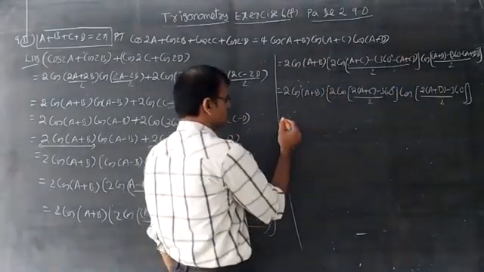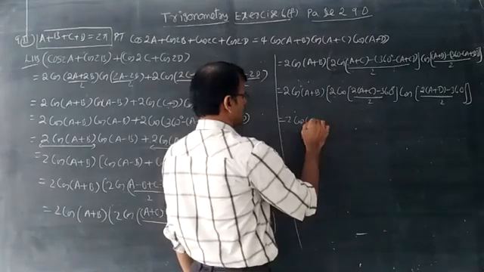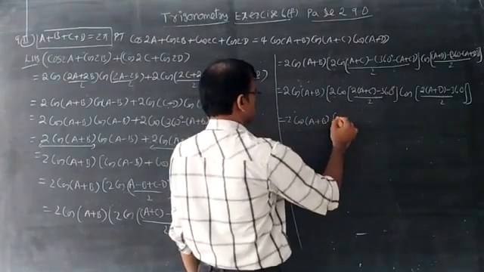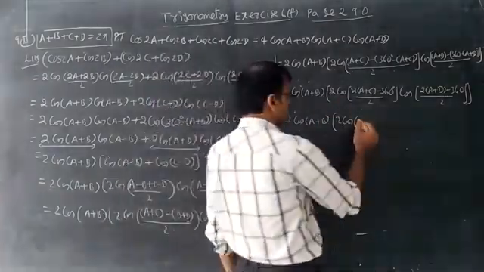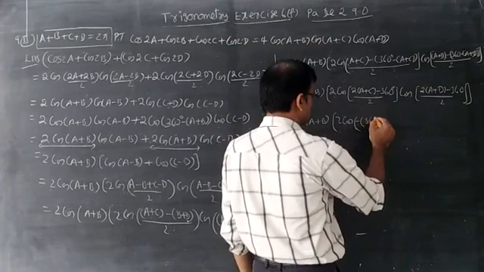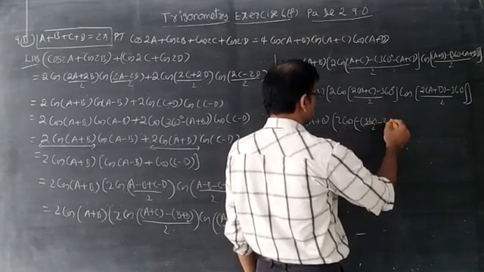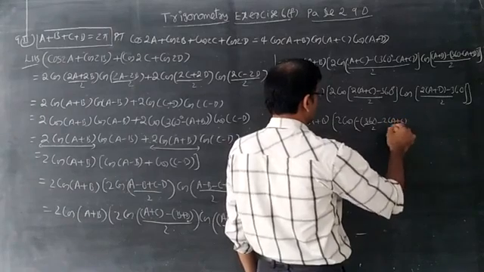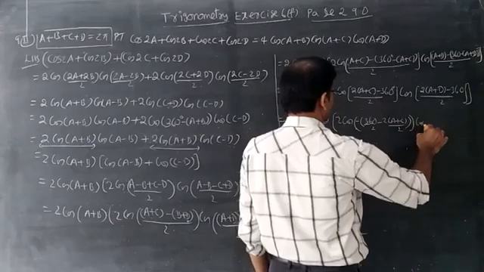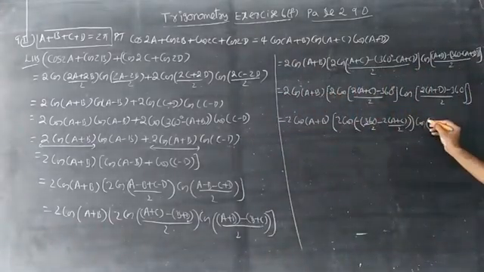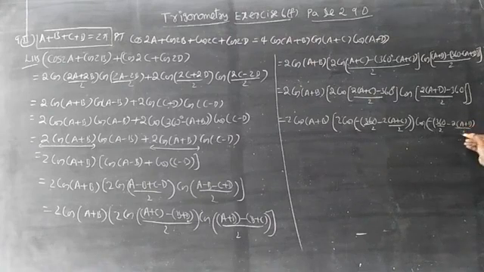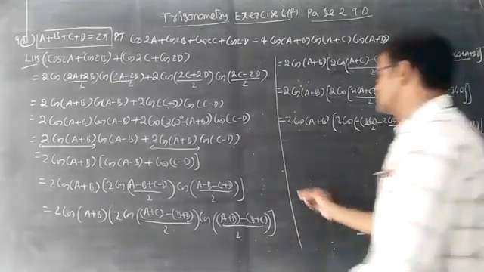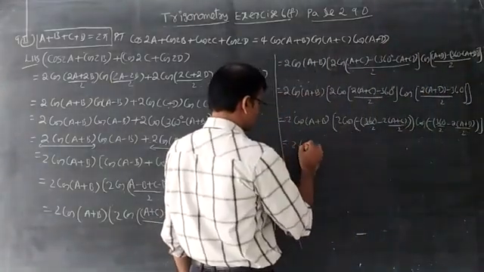That is equal to 2 cos of a plus b into 2 cos of, now you can take 360 common: 360 by 2 minus of 2 into a plus c by 2, into cos of minus of 360 by 2 minus 2 into a plus d by 2, that is equal to 2 cos of a plus b.